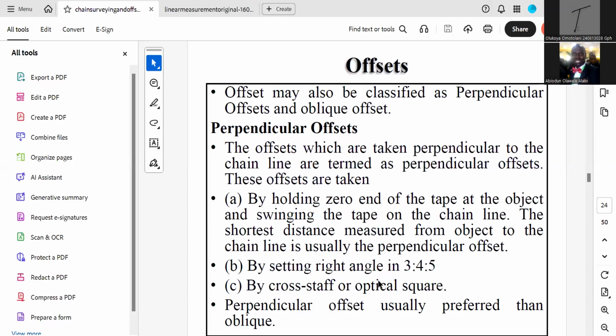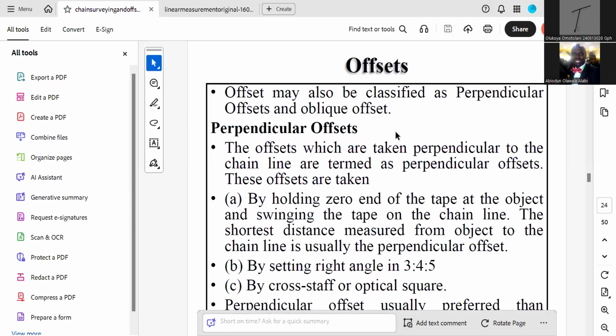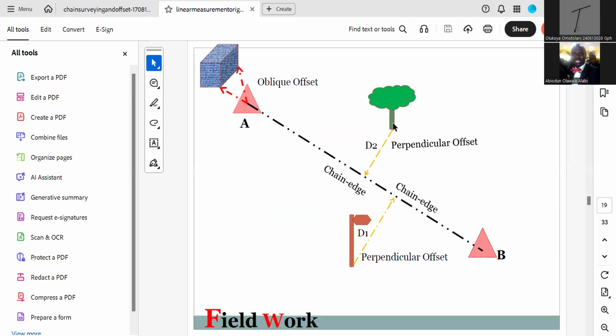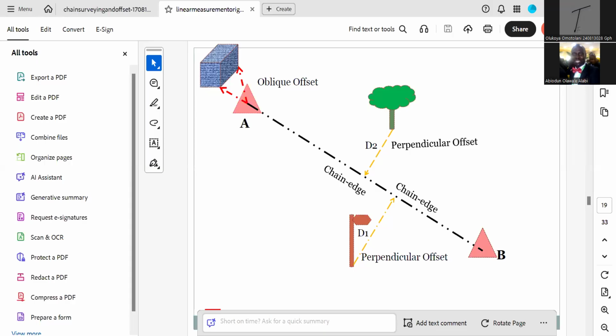This ABC you are seeing on the slide is telling you ways you can achieve perpendicular offsets. One, by holding the zero end of the tape at the object and swinging the tape on the chain line. So the zero of the tape here at the object, then swinging it to here, you can take the offsets.